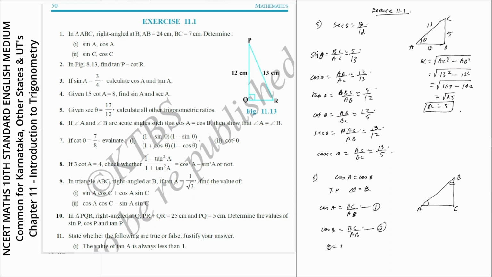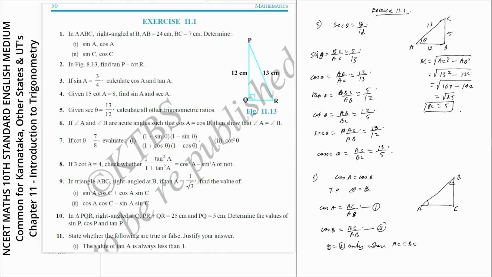1 is equal to 2 only when AC is equal to BC. When AC is equal to BC, what will happen? Angle A will be equal to angle B. When AC is equal to BC, that means the given triangle is an isosceles triangle.